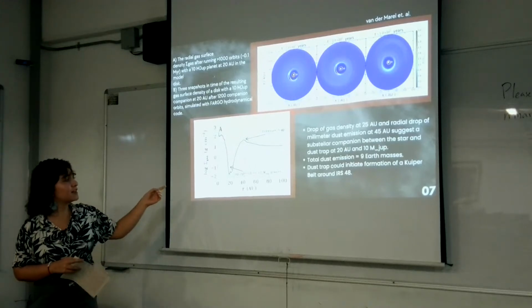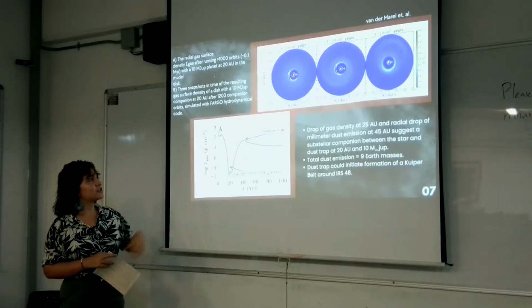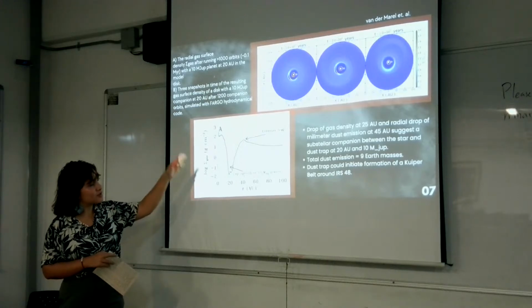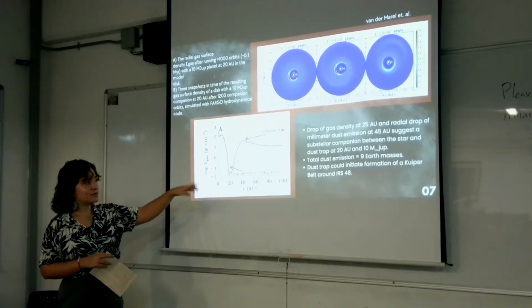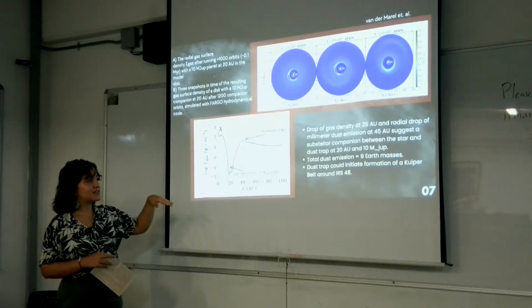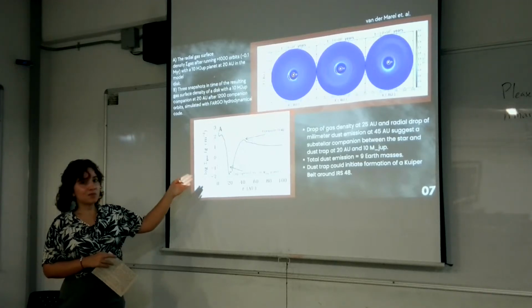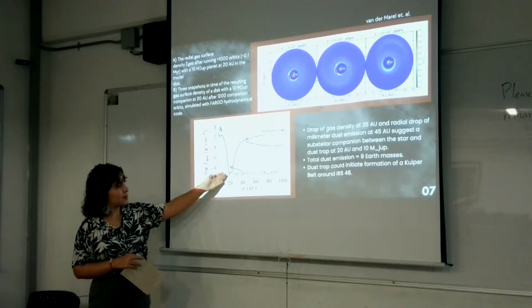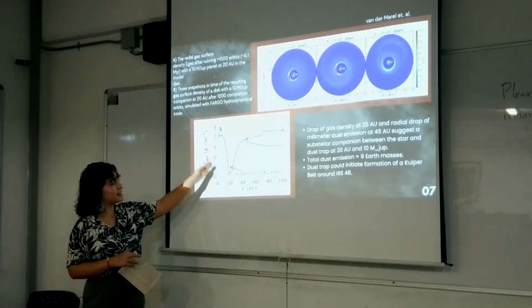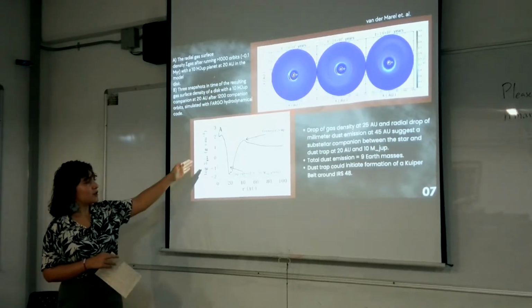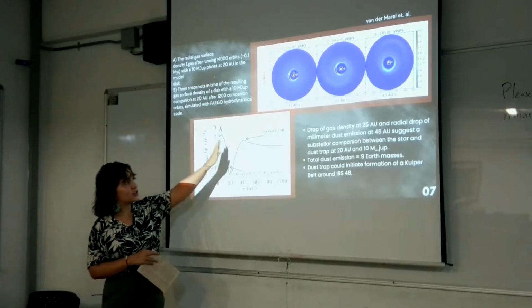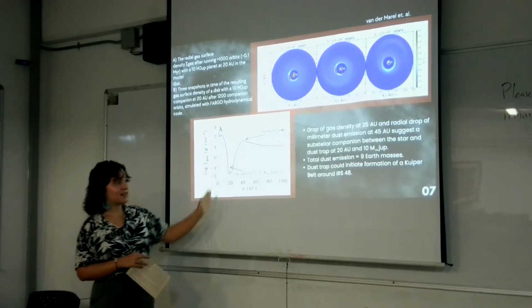And we can see here also a simulation of the pressure trap with the 10 Jupiter mass planet. And as we saw, we can see the gap opened by that planet and the pressure trap near that gap.